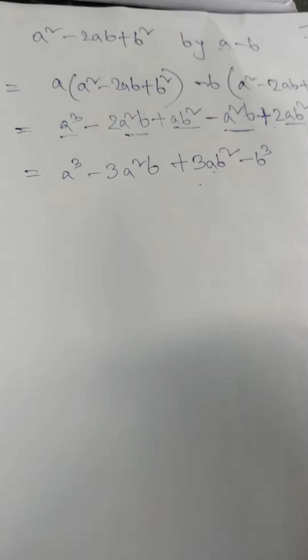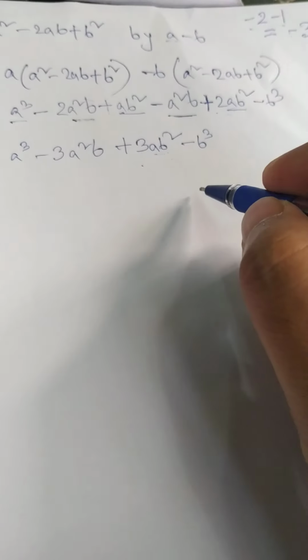You can do either way, but I think it's better to follow this method, because for the upcoming problems you need to be more swift. You cannot just break it down and do it.